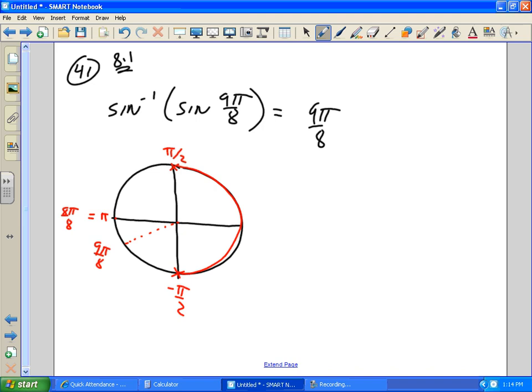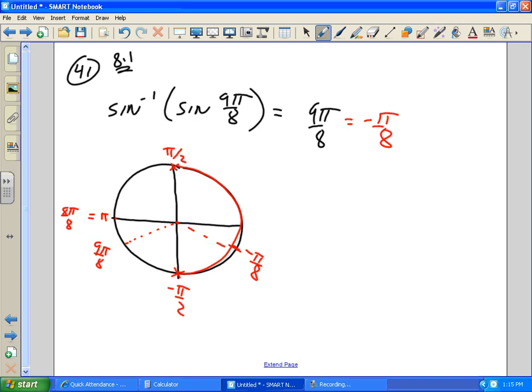And so what angle has the same sine value as 9 pi over 8? Negative pi over 8. It's got to be in the fourth quadrant, so negative pi over 8 is correct, and that's the answer to this.